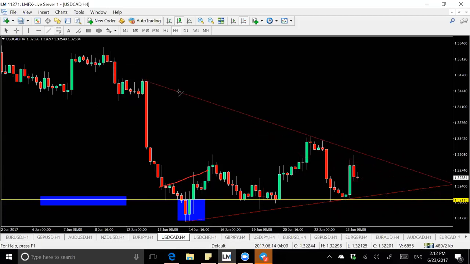Now, how do I know if I need to touch that or like this? Which one looks correct to you guys? Is this a correct trend line?